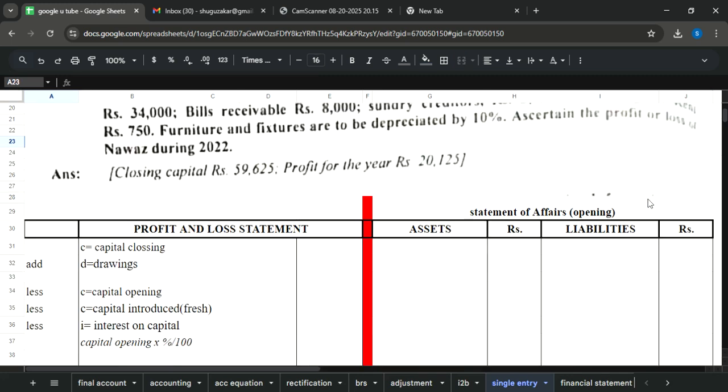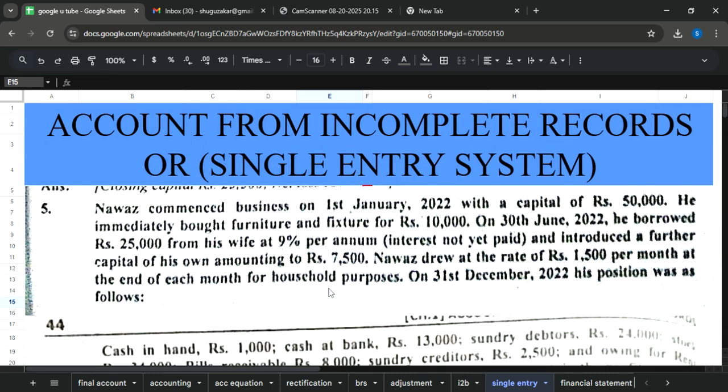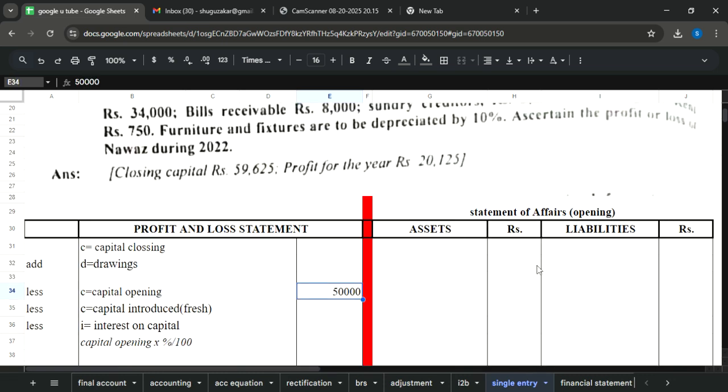So you will go to the profit and loss statement and just put 50,000 over here. When opening capital is already present in your question, you do not need to make the opening statement of affairs. Capital is already provided by the book, so there is no need to make an opening statement of affairs.